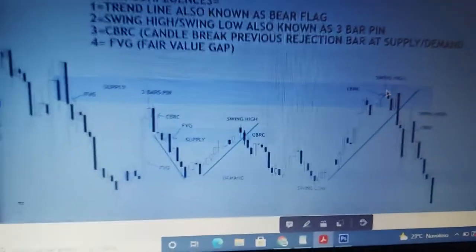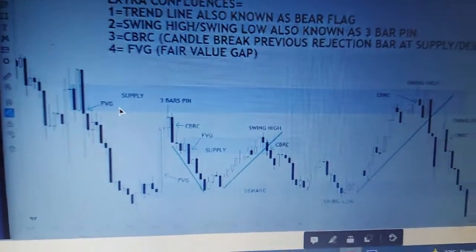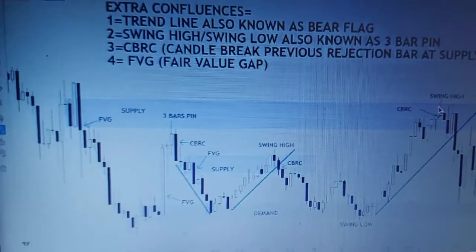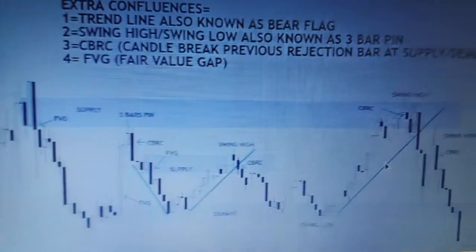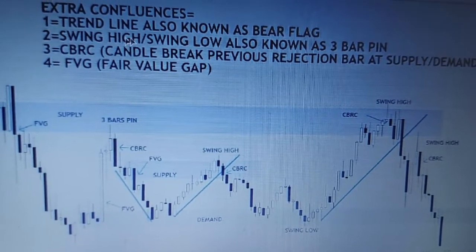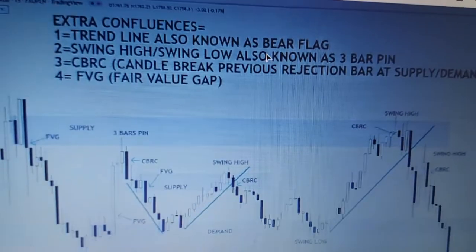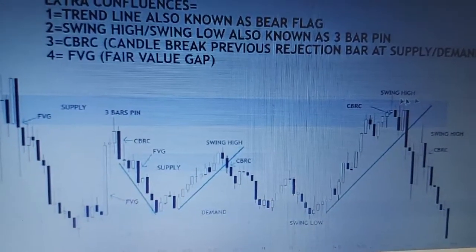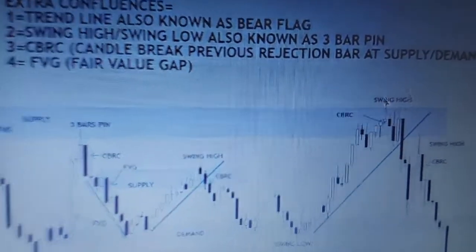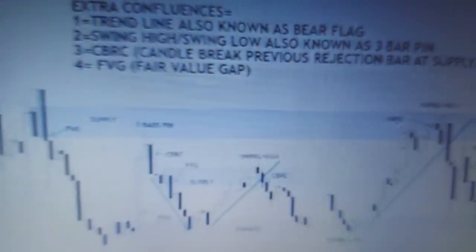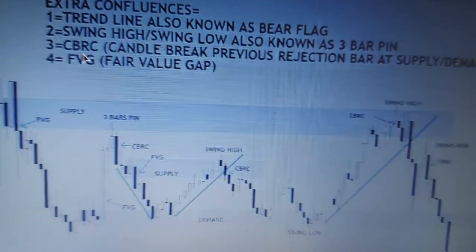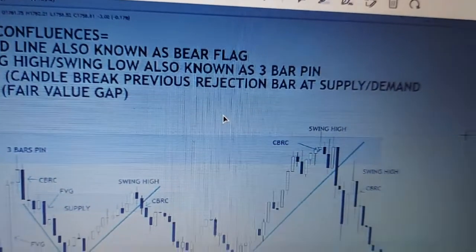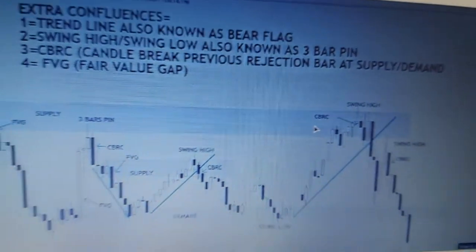So in this video we're going to talk about extra confluences, which are the trend line like this one I have made here, and then the swing high, swing low, also known as 3 bar pin. There you see a swing high. Then we're going to talk about CBRC, which is a candle break previous rejection bar at supply or demand zones.